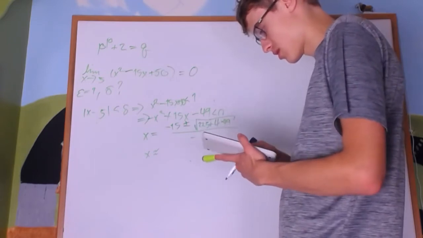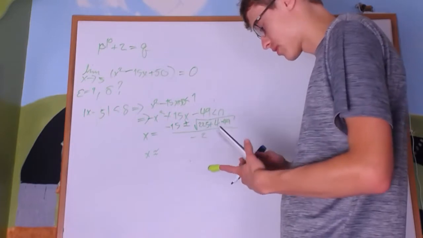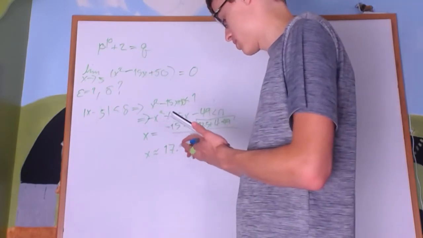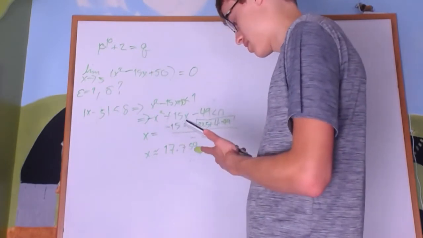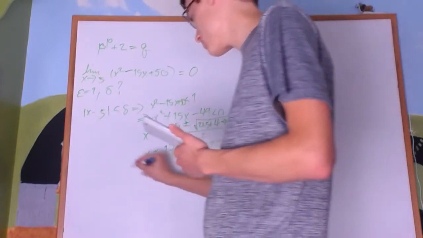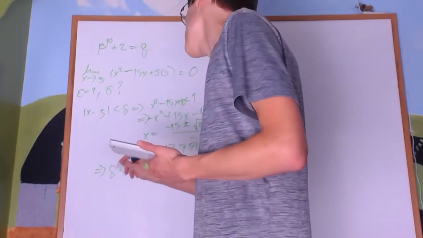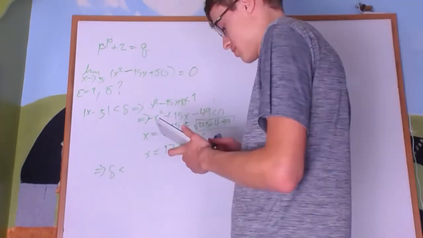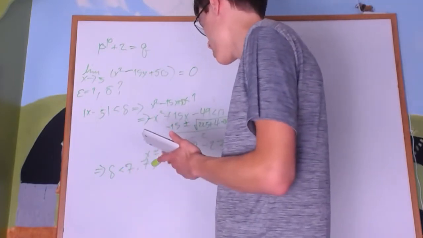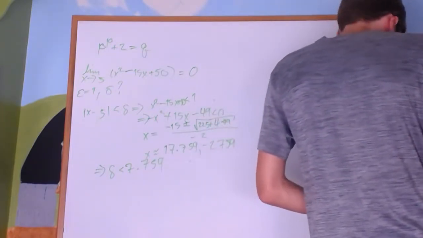Bang, bang. Alright, so we get 17.759 and negative 2.759, which means that delta should be less than 7.759. Am I good? Did I get the answer?